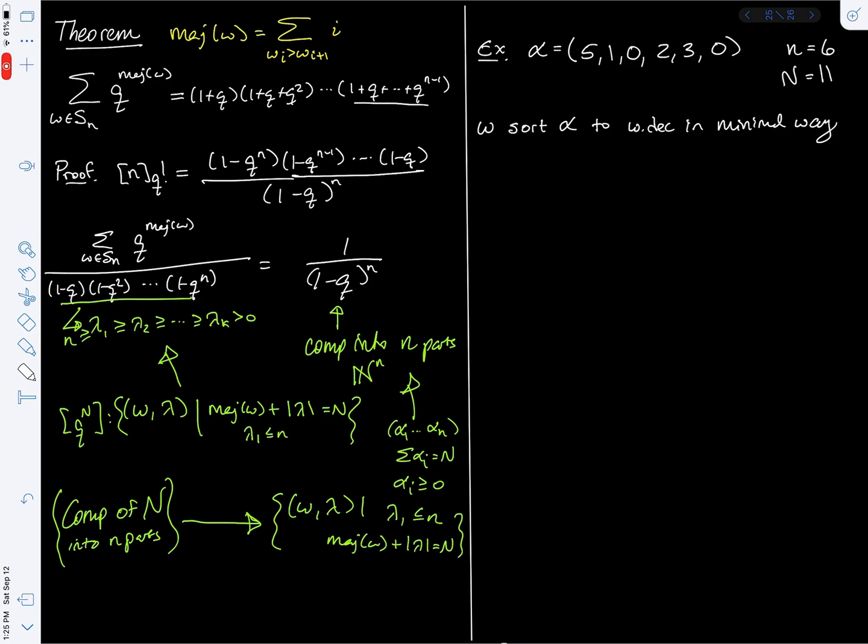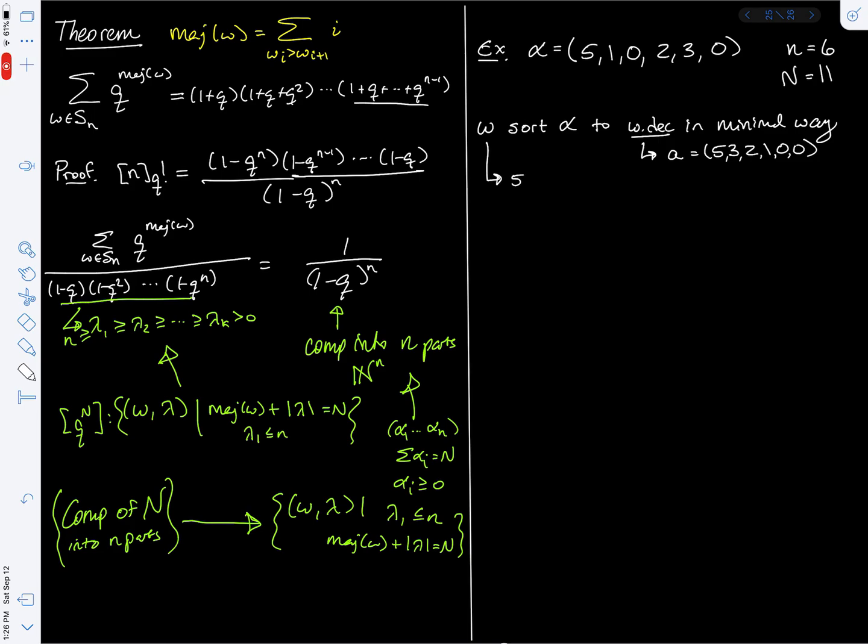Perhaps it's not obvious to you that there's a unique minimal way to do it, and it doesn't matter how I do it as long as I don't do anything stupid, but it's in fact true. So I'm going to sort alpha to weakly decreasing. In this particular example, this is going to turn alpha into something that I'm going to call A: 5, 3, 2, 1, 0, 0. So what's the minimum bubble sort, if you want to think of it that way, and what's the permutation that achieves that? The permutation that achieves that for this particular example is the permutation, well, let's maybe actually do it.